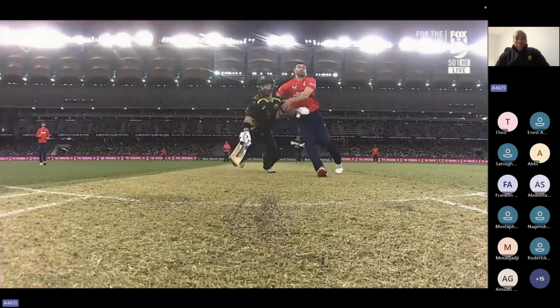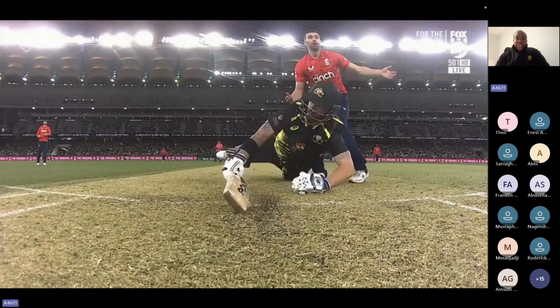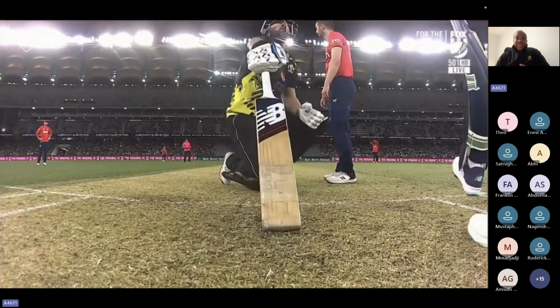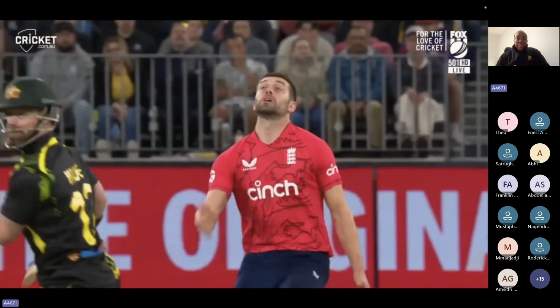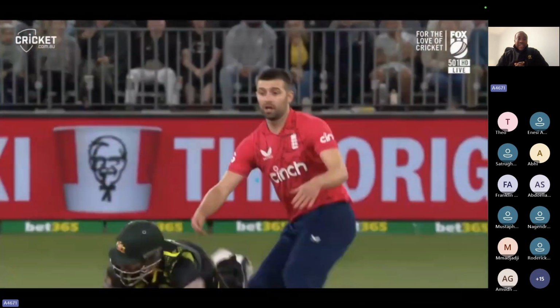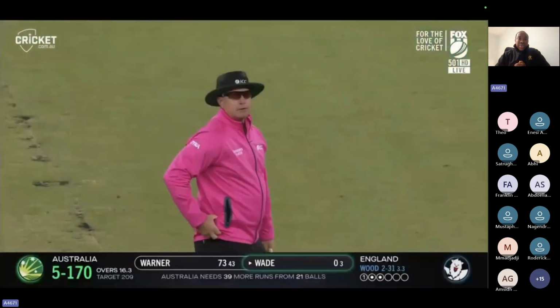This is a willful obstruction preventing a catch from being taken by the striker. On appeal, Matthew Wade would be given out. Quite clearly, he looks at where the bowler is. He knows where the ball is. So, pretty straightforward decision. On appeal, give the striker out, obstructing the field.